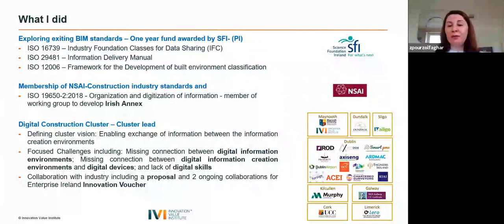We have defined some focused challenges for this cluster, which are mostly related to the connections between the digital environments, and also between the digital environments and IoT devices, because all these digital devices are creating valuable digital information, and it might happen over the construction phase or operation phase.